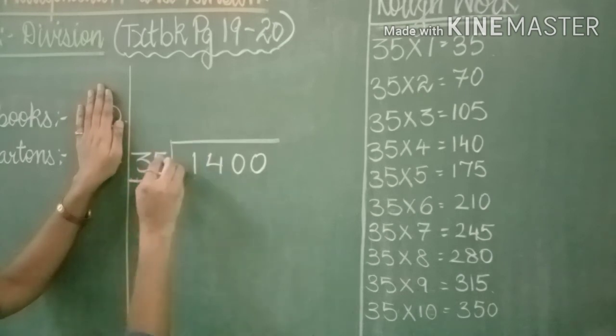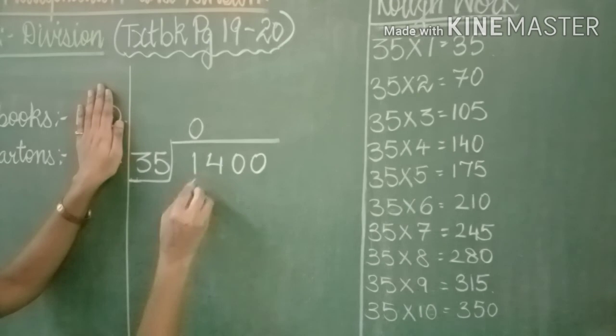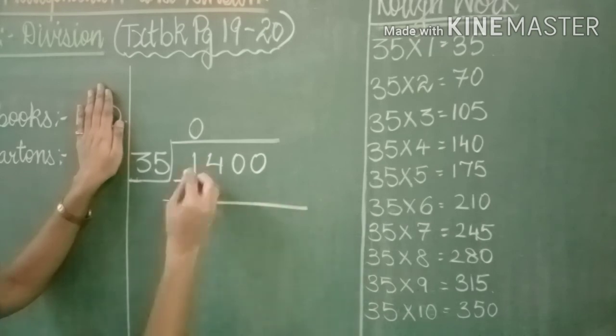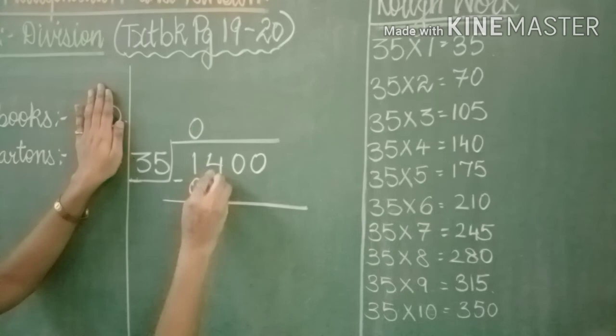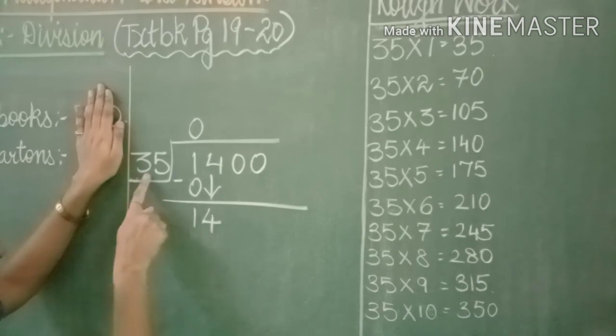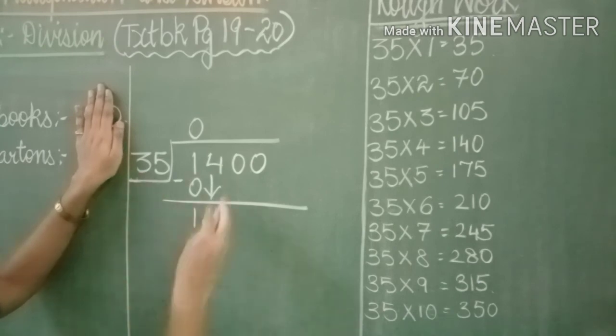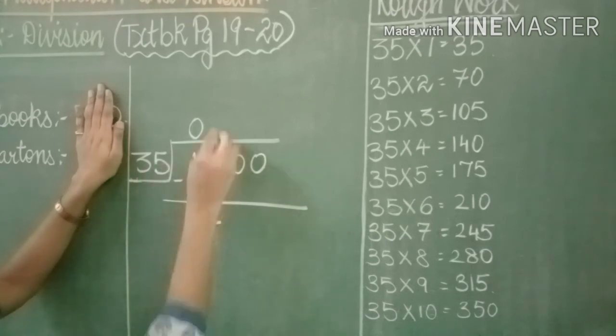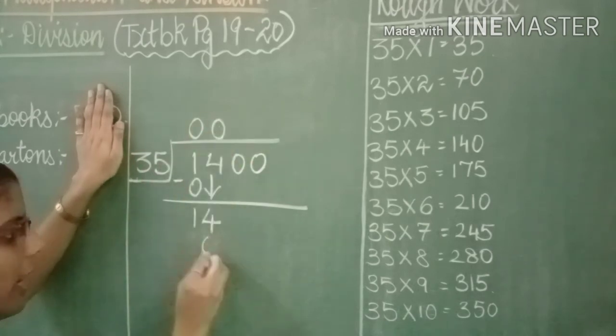So we write 35 zeros are 0, and we subtract: 1 minus 0, 1 will come. We take the next number, 4, with an arrow, and write 4 here. As you can see, we got 14. 14 is a smaller number, 35 is a bigger number. So again we have to multiply with 0. 35 zeros are 0.